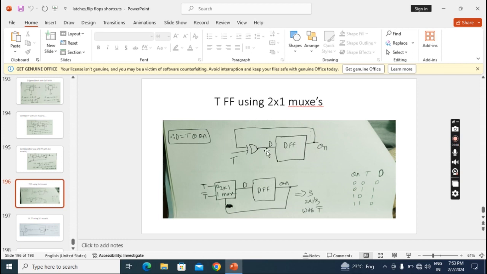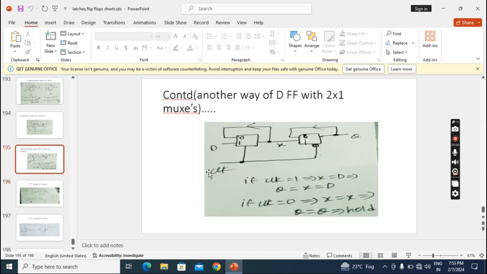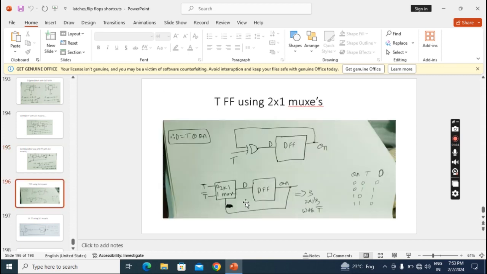And we know how to implement this XOR gate with a multiplexer. I implemented it, and this D is D only. If you want to replace this D with multiplexers, you can draw this diagram and replace this box with it. Now you will get 3 2 by 1 multiplexers, and together they will become a T flip-flop.